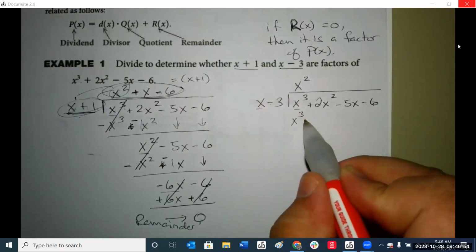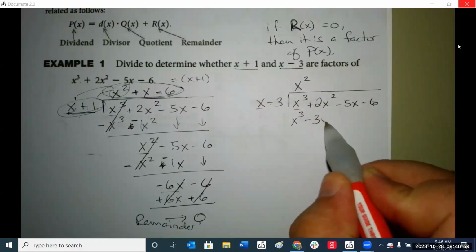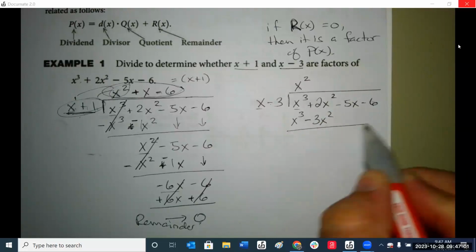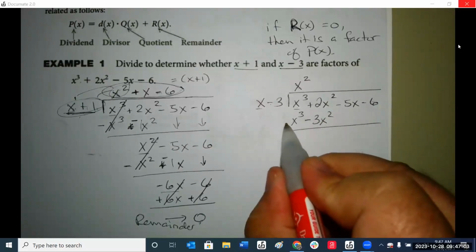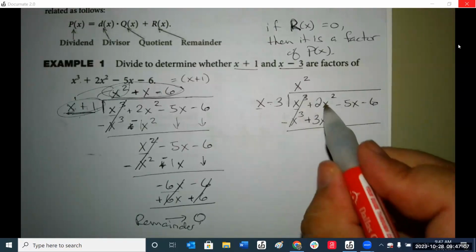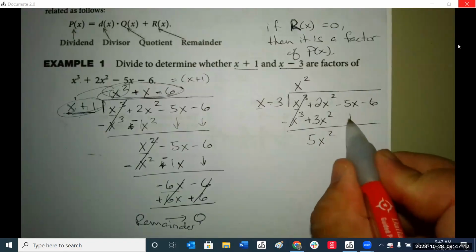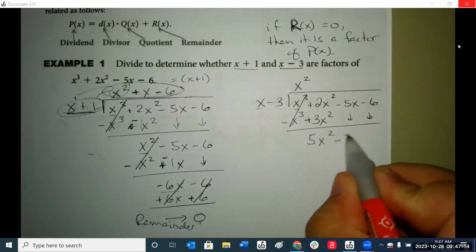Positive times negative is a negative. X squared times 3 is 3x squared. Change their signs and add. 2 plus 3 is 5x squared. Bring down the rest.